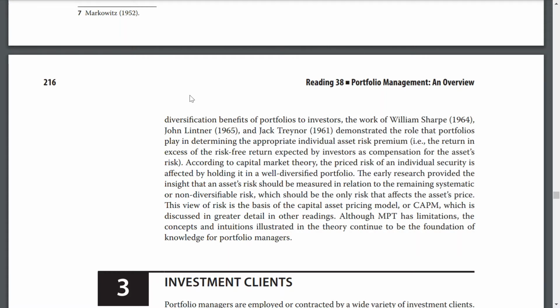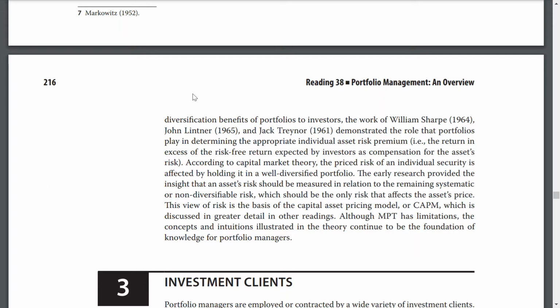According to capital market theory, the priced risk of an individual security is affected by holding it in a well-diversified portfolio. The early research provided the insight that an asset's risk should be measured in relation to the remaining systematic or non-diversifiable risk, which should be the only risk that affects the asset's price.